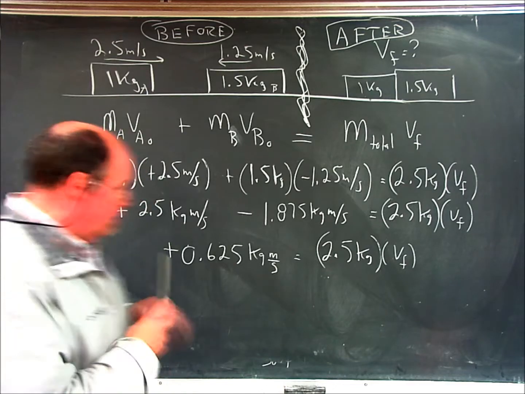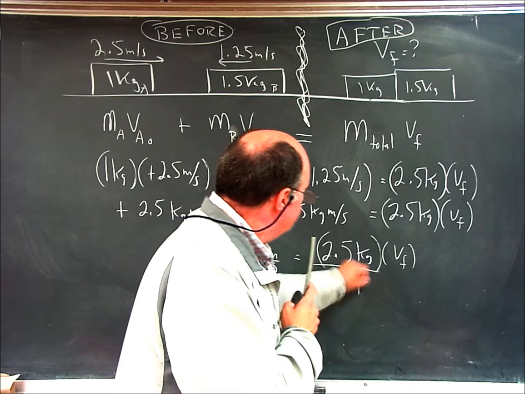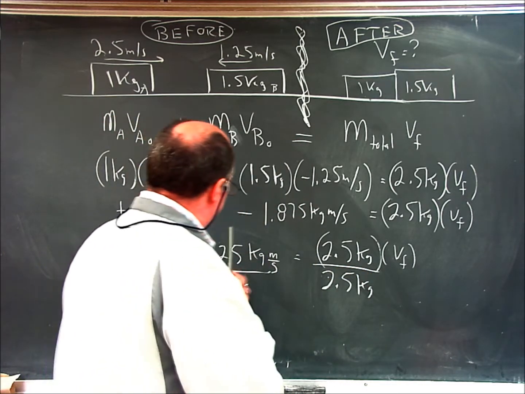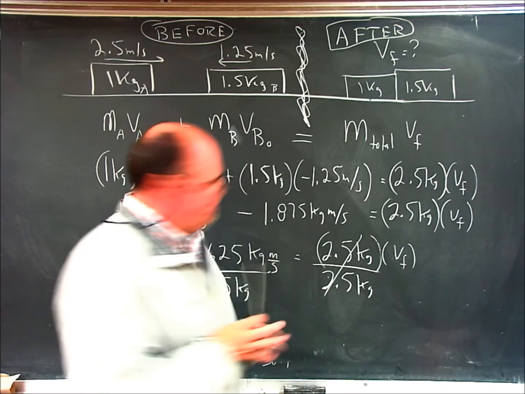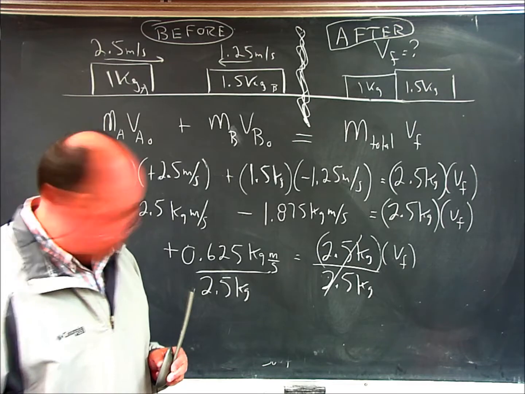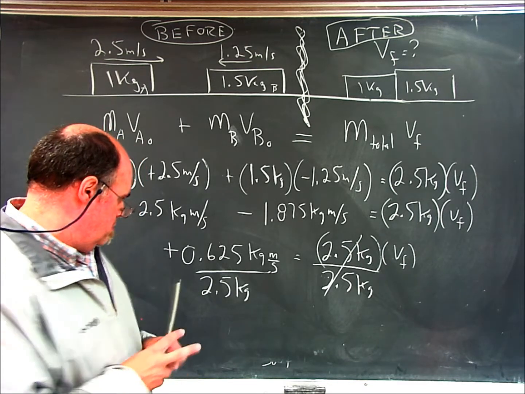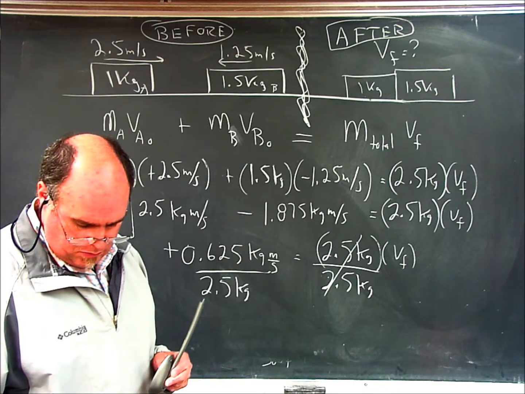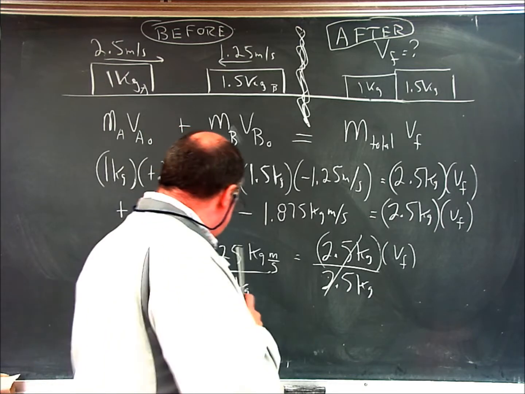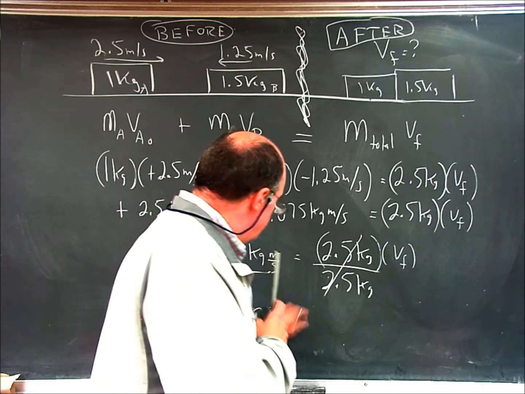And if I take my calculator out and divide both sides by 2.5 kilograms, what comes out is I'm getting a final answer of positive 0.25 meters per second.